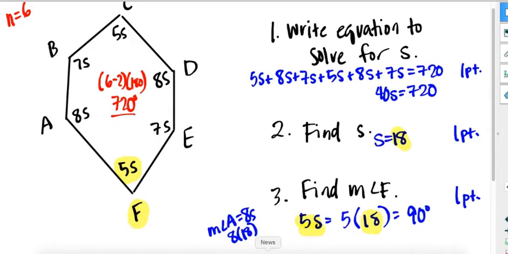Just knowing that this is a pretty big portion of your test, make sure you spend quite a bit of time on those interior angles. I'll grab your packet so I can look at questions from your review.